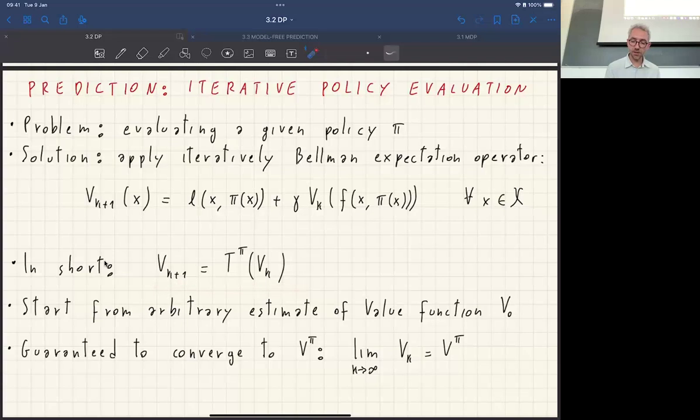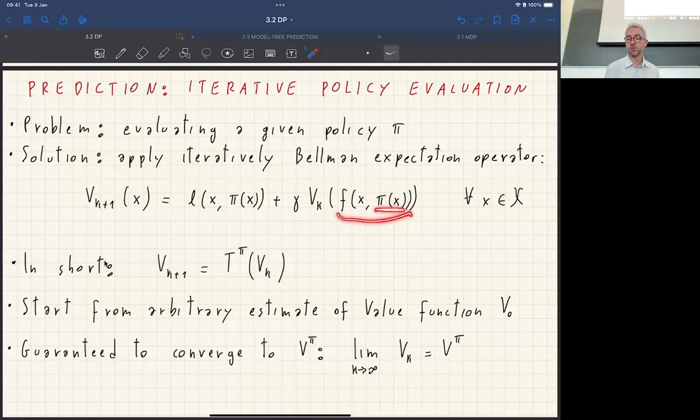So you update your V0 in the following way. For every state in your Markov decision process, you compute the cost for that state applying the fixed policy pi. You sum to that the discount factor times your current estimate of the value evaluated at the next state.